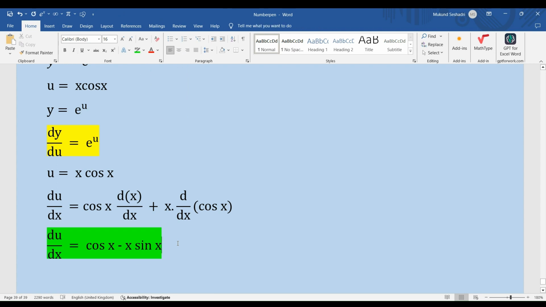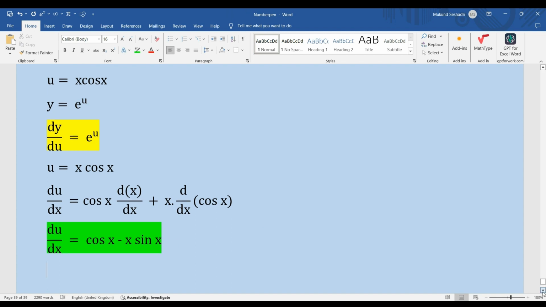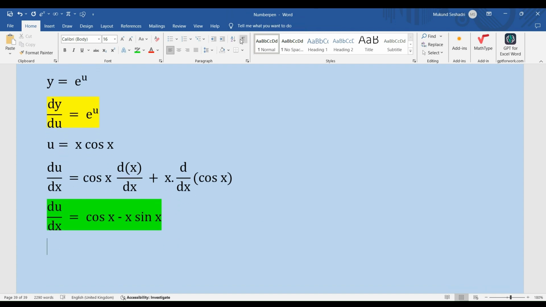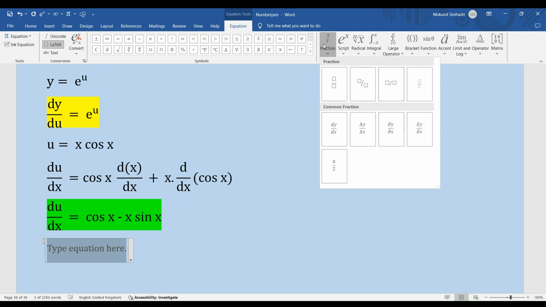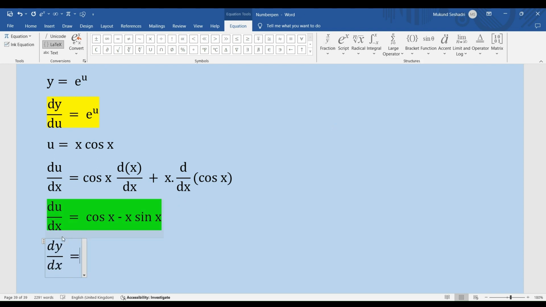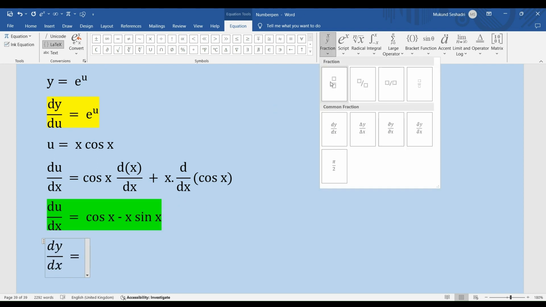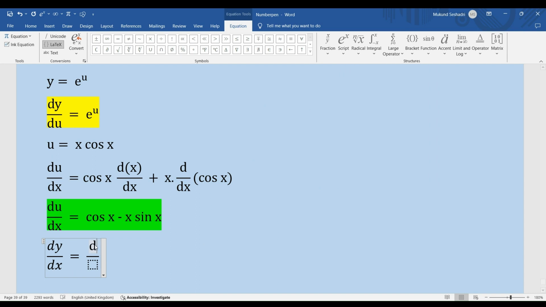So now we have du by dx, we have dy by du. So I'm going to write down what is my dy by dx, and the rule that I'm going to be using here is the chain rule, right? And what is my dy by dx? My dy by dx is nothing but dy by du into du by dx, right?